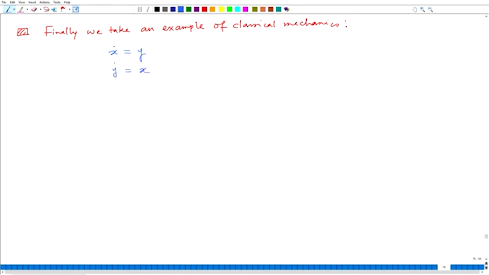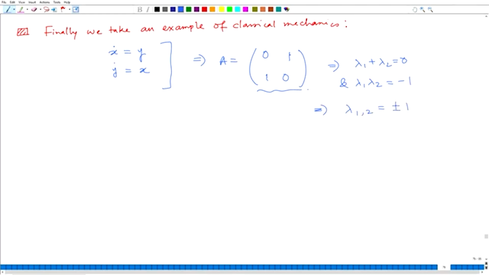You can easily understand this is the case of a saddle, where A is equal to [[0, 1], [1, 0]]. This is not the diagonal form. The off diagonal entries are actually filled up. So, here you have lambda 1 plus lambda 2 is equal to 0 and lambda 1 lambda 2 equal to minus 1, which gives you lambda 1 and 2 will be actually plus minus 1.